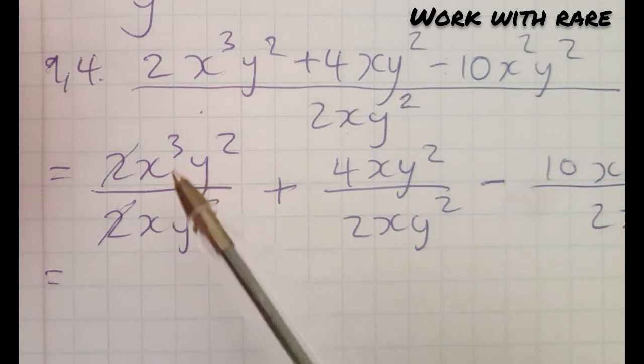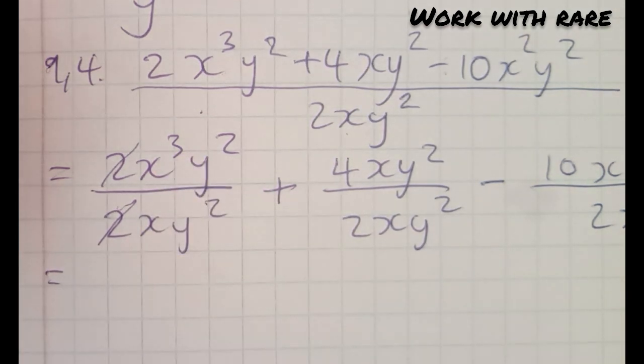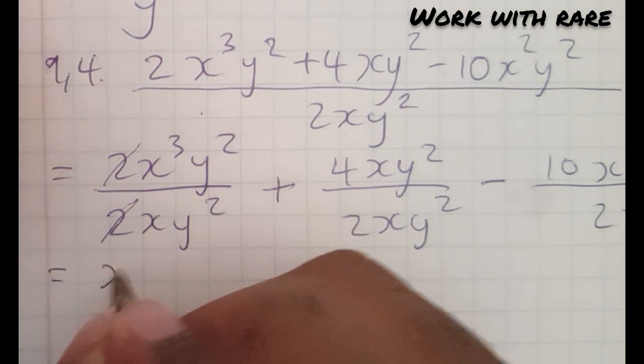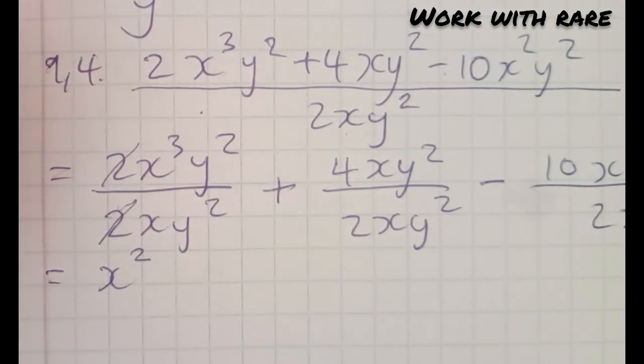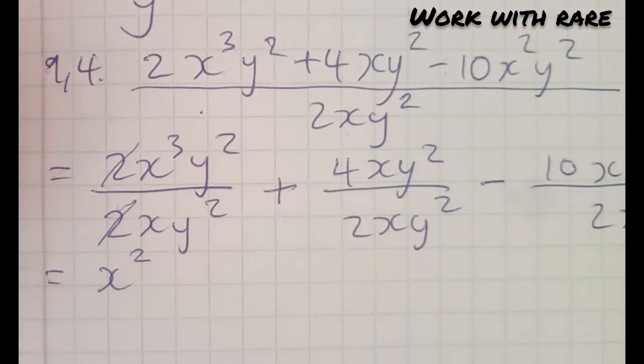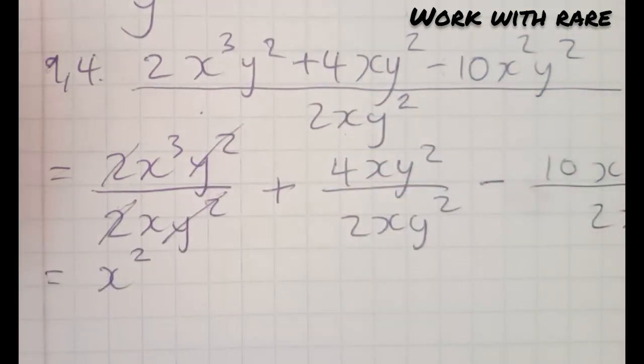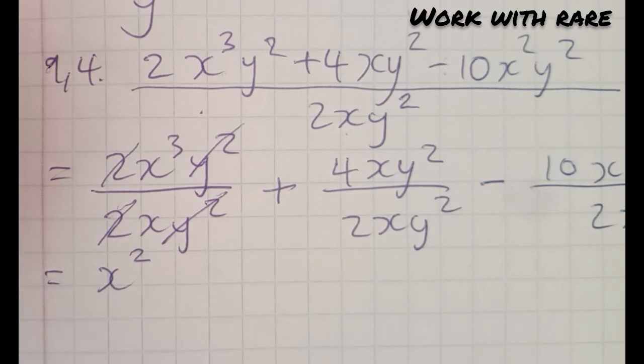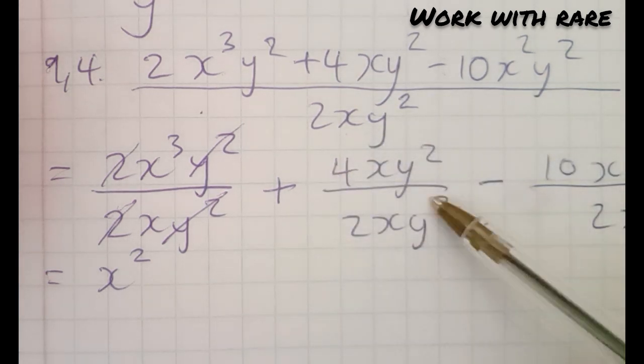So here I'll say 3 minus 1, so it's 2, which means we'll have x to the exponent 2. And here it will be 2 minus 2, which is 0, and any number to the exponent 0 is 1, so this cancels this. It's out.